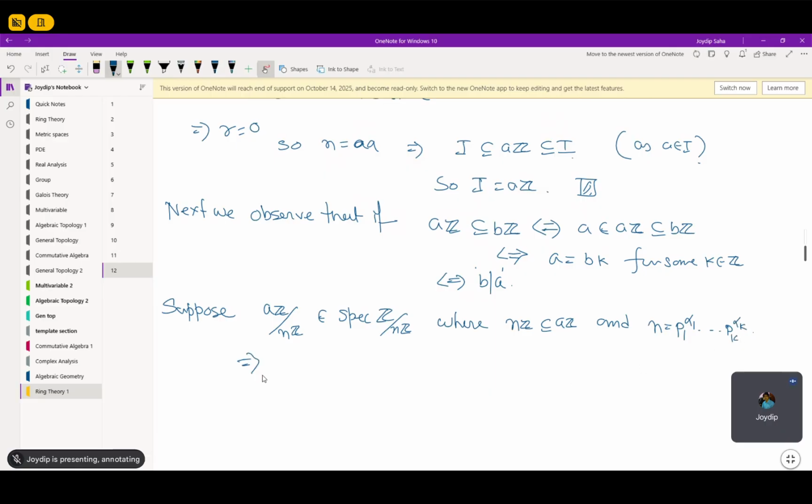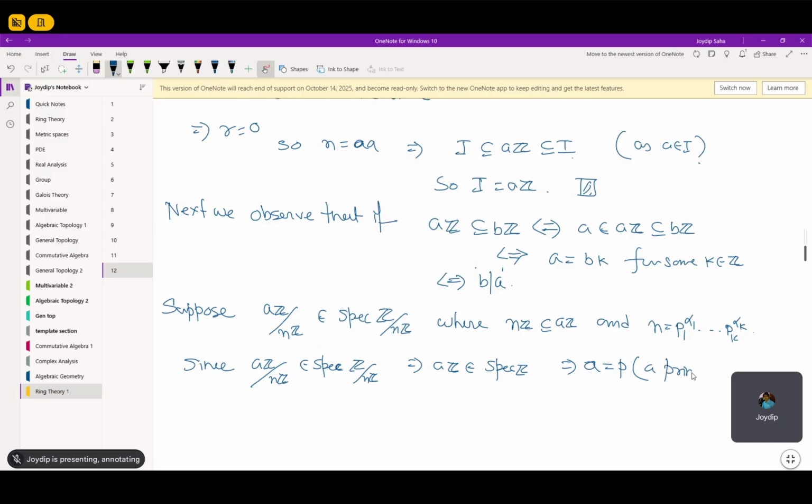Since aZ by nZ belongs to Spec of Z mod nZ, this implies aZ belongs to Spec Z. This implies a equals a prime number.